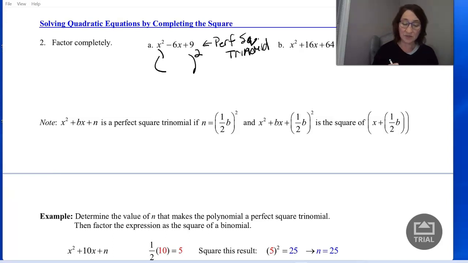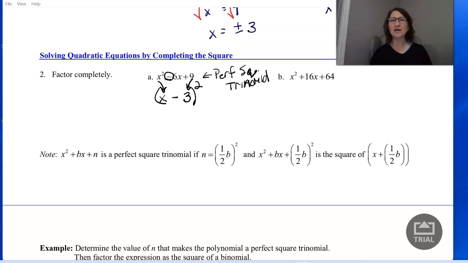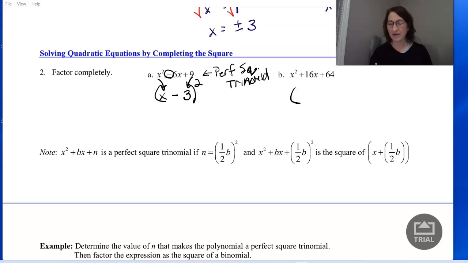We just take the square root of that first term, the square root of the last term, and then we use the sign between the first and the middle terms. Done. Okay, let's quickly do B. That's going to give me x plus 8 raised to the second power. Done.